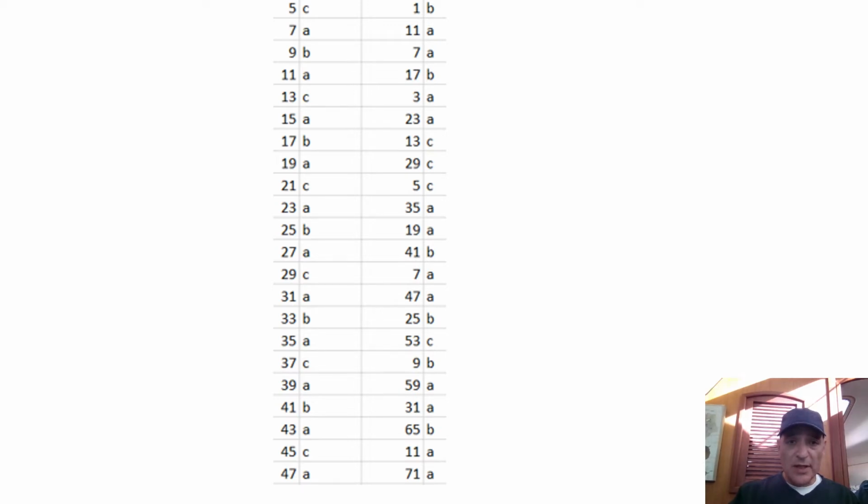And we notice that A is twice as frequent as C and B, so the ratio is 2 to 1 to 1. In the output column, we see a pattern, but it's a little bit more complicated. It actually repeats itself every 16 units, a 16-unit cycle. I'll just show that further on. It may be more understandable.